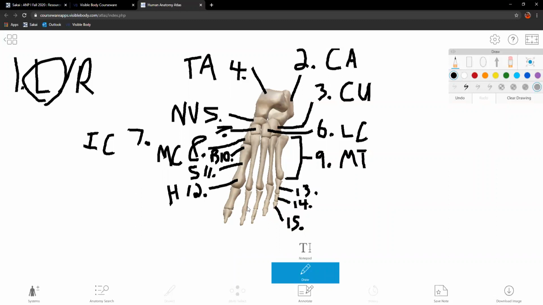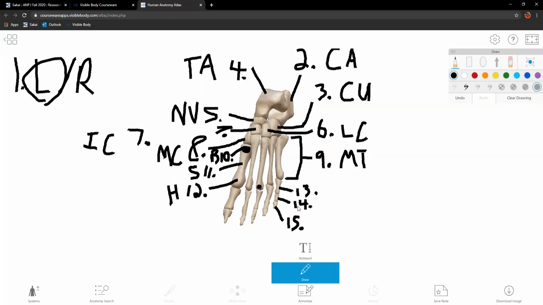And so if we're talking about answering on a practical or something like that, if this portion, let's say here, was labeled, you'd say the base of your first metatarsal. If this one was labeled, you'd say the head of your third metatarsal. So you have to be specific when you're talking about the specific landmarks on specific metatarsals.